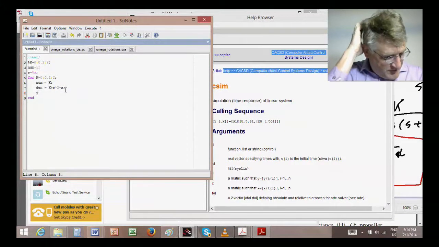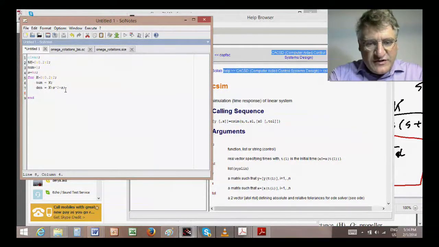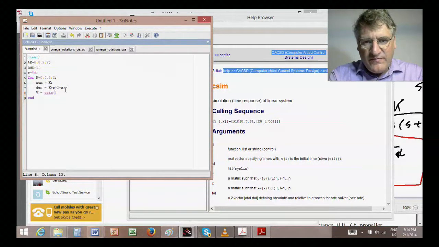Y, or we should call it literally V, is equal to sysim of impulse.